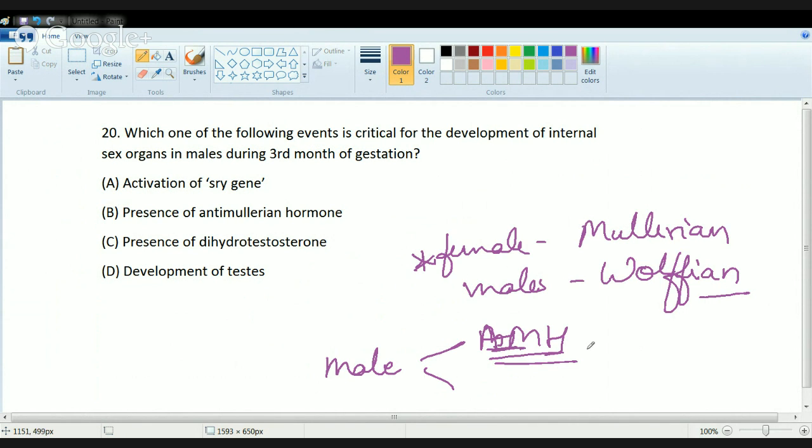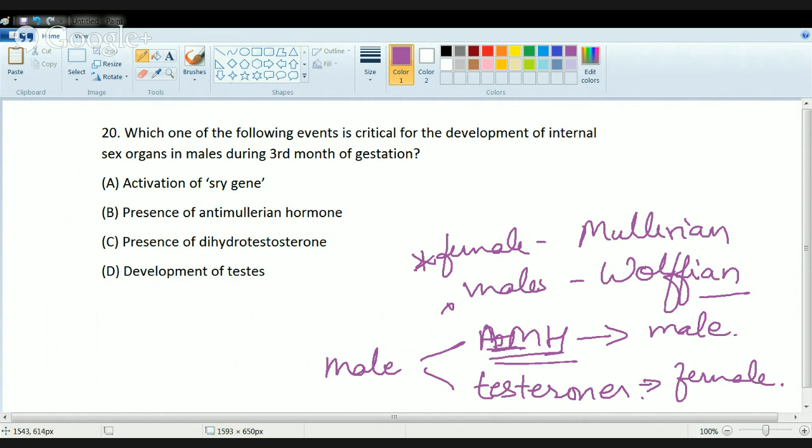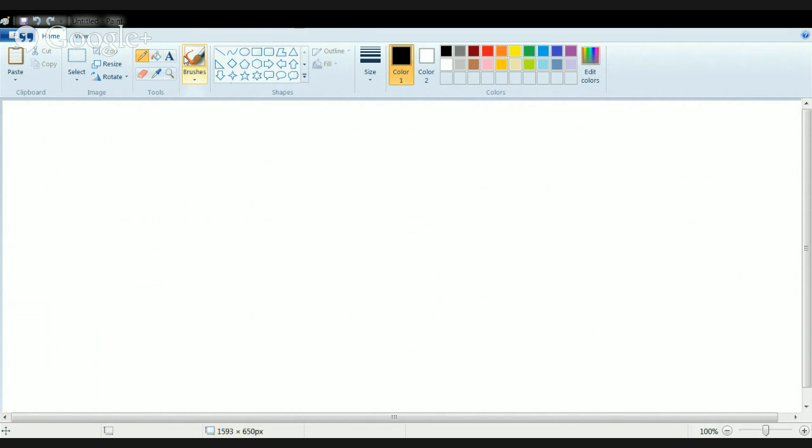So it suppresses the female system, and the resultant fetus would be male. But on the other hand, if the male secretes testosterone, it suppresses the Wolffian system, and the resultant fetus would be female. So it is very important to understand the hormonal balance during gestation.